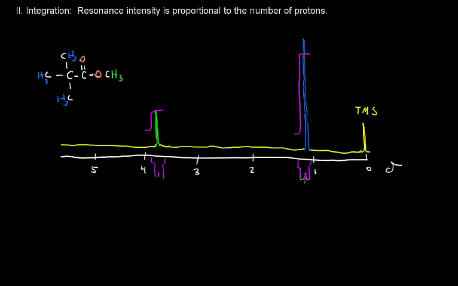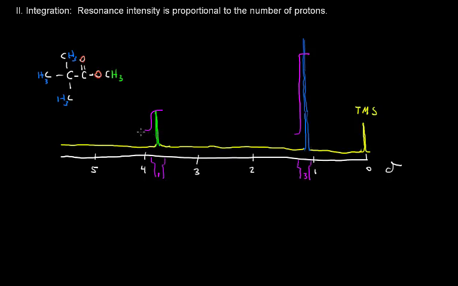And so you could see something like 3.1 or 1.09, something like that. Sometimes they're not whole numbers, because of little errors in the integration. But the ratio is essentially 3 to 1, and that's the ratio we see here. It's 9 to 3, which reduces to 3 to 1. So it doesn't give you the actual number of protons in the integration. It gives you the ratio of the different types of protons, the simplest numerical ratio typically.